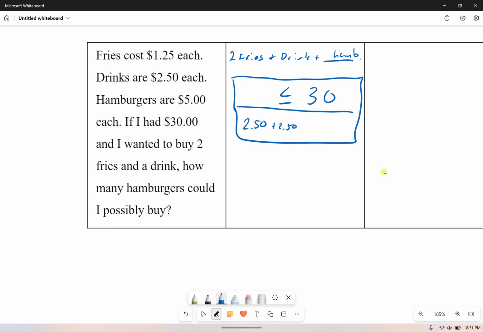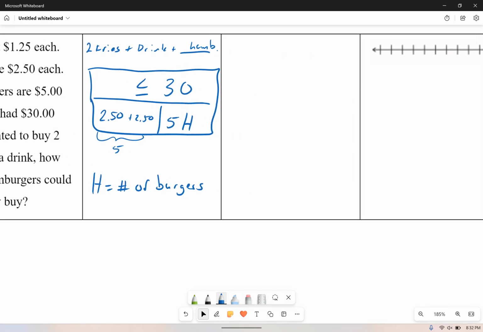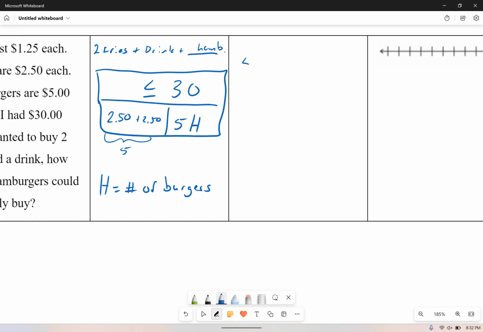And the hamburgers, H equals the number of burgers, is what we don't know, but they're $5 each. So each hamburger costs $5. So now, that means that I'm going to be spending $5 on fries and the drink, plus the hamburgers, which are $5 each.